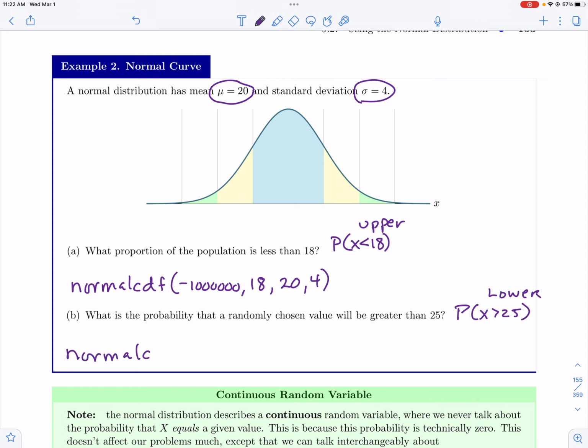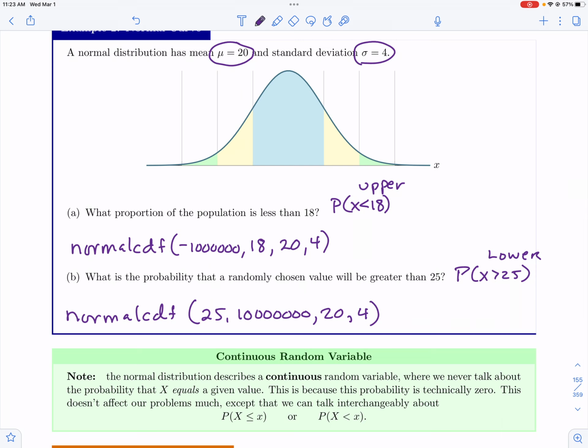So what we're looking at is normalcdf of our 25, comma, some ridiculously big number, and then again our mean, which is 20, and our standard deviation, which is 4. All right. Any questions or anything about that? All right, good. So definitely message me if there's anything you don't understand, but hopefully those don't seem too bad.